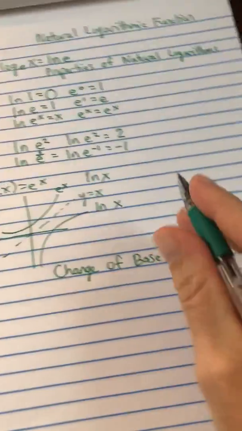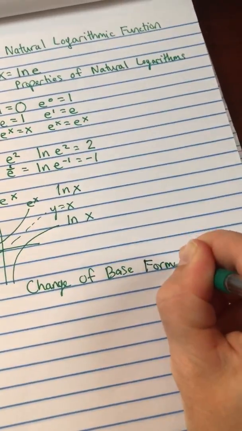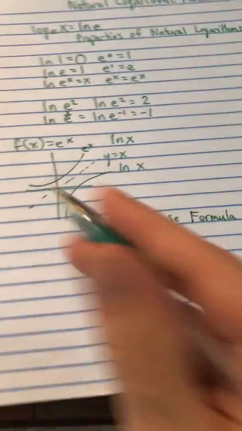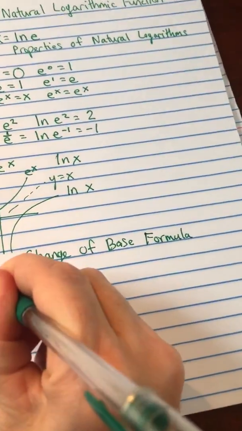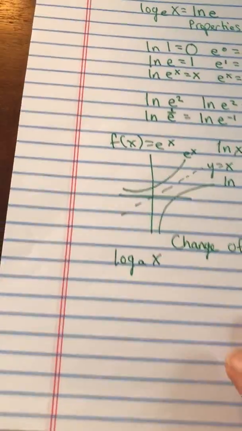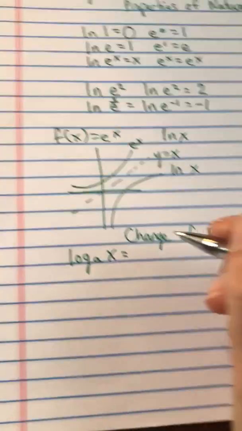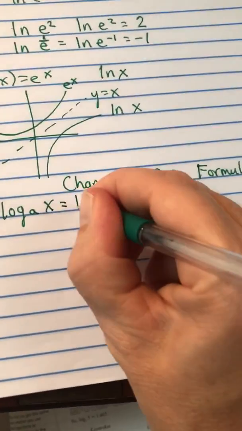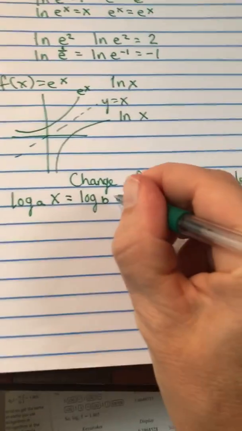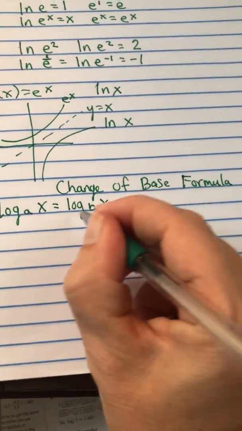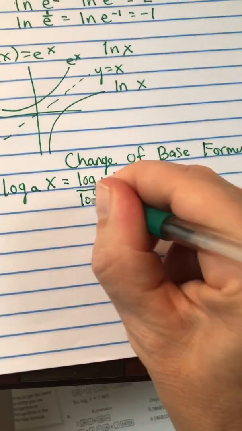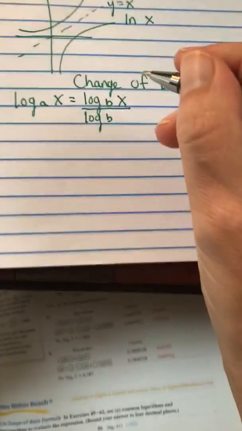All right, change of base formula. So this is when your base isn't 10, and your calculator won't take it, okay? So if you have log base a, so a to the something equals x, what you're going to do is you're going to say log to the base b. It's going to be 10, all right, of x, so your exponent, and log to the base b of a.